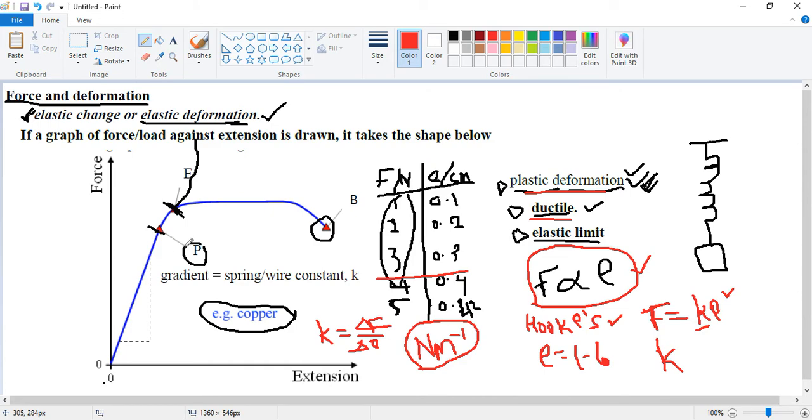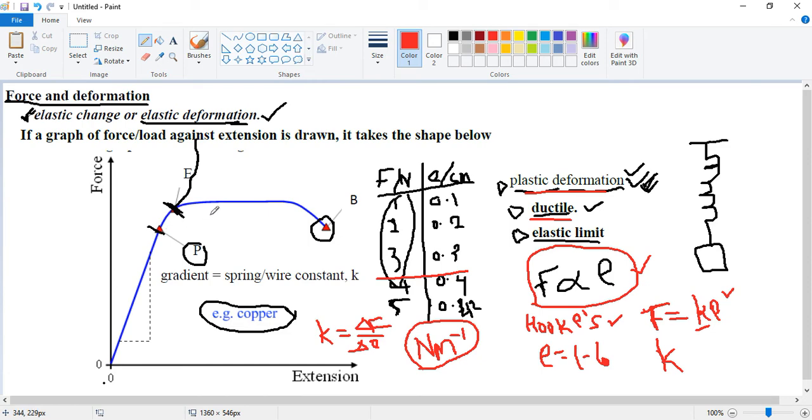However, the elastic limit is always beyond the proportionality limit. And beyond the proportionality limit, the extension is not directly proportional to the applied force. Yet, between the proportionality limit and the elastic limit, the material could still go back to its original shape.